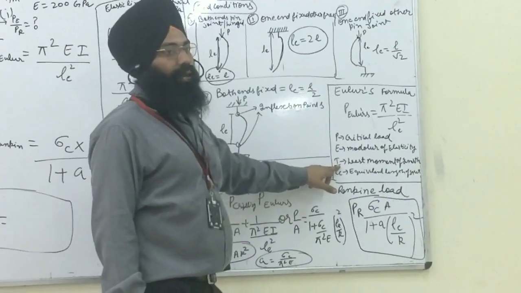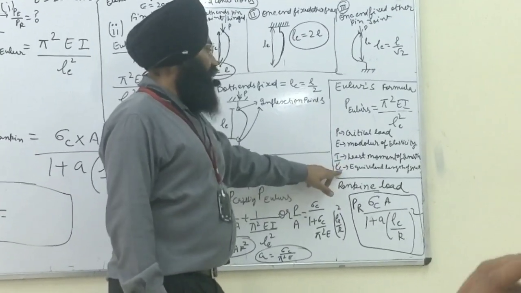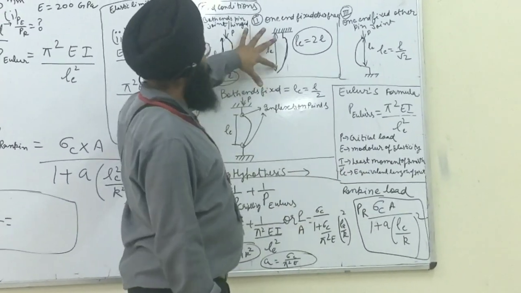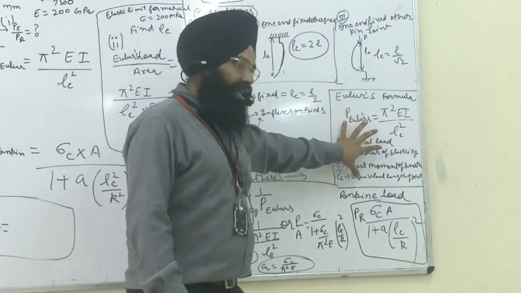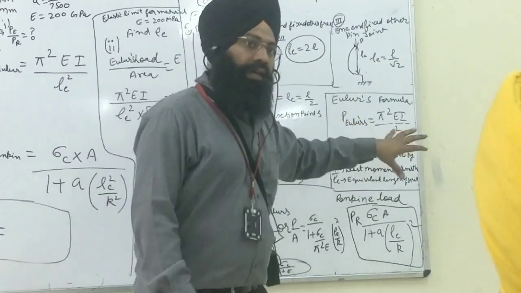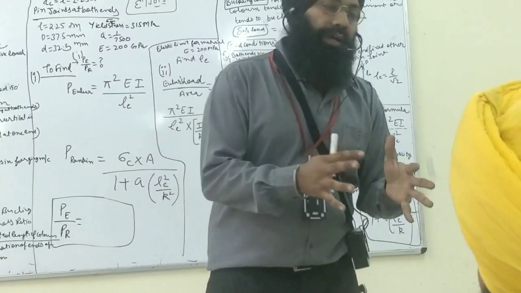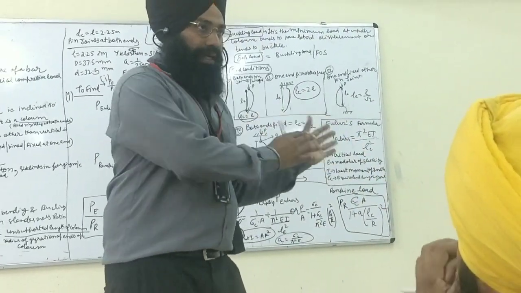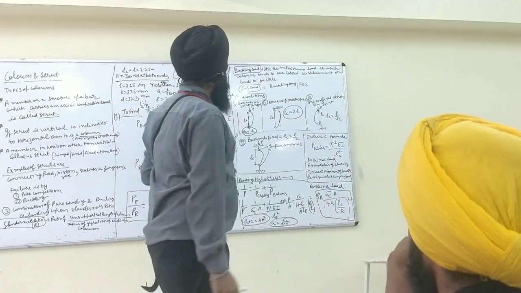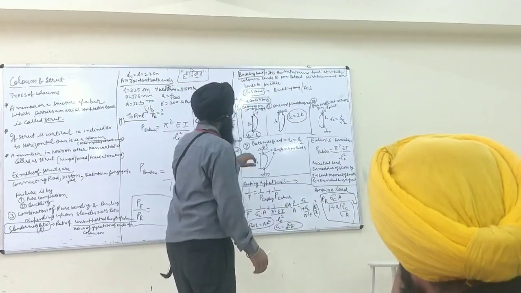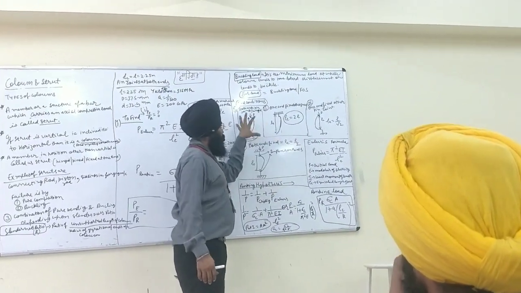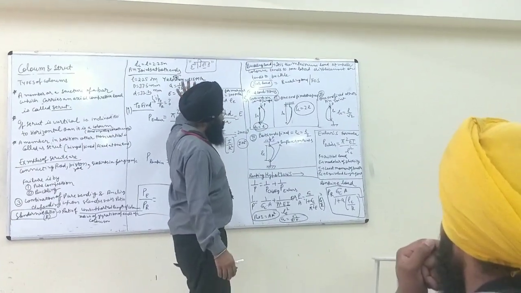I is the least moment of inertia of the column. LE is the equivalent length of the strut, which you have just calculated. 4 conditions will be given to you in this case. For example, a question will be given to you, which I will discuss after this part. So, we will discuss the question based upon these 4 conditions.